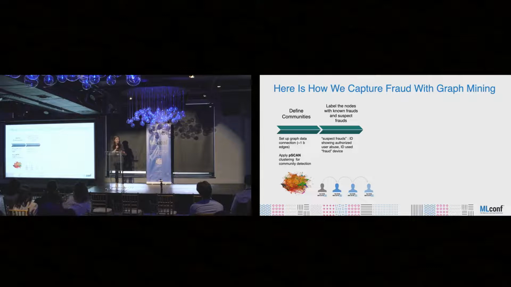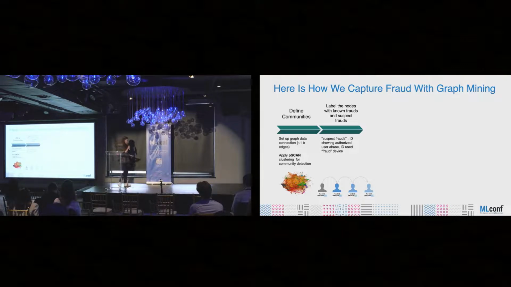We can label the nodes based on whether they are known frauds or suspect frauds. Known frauds is very obvious. You may ask, what are suspect frauds? Suspect frauds are cases that no one has confirmed as fraudulent transactions, but based on our domain knowledge, we know that when this signal shows, it is super risky.